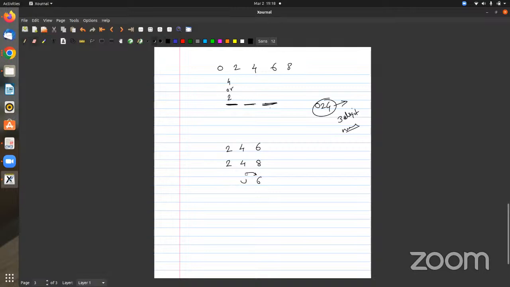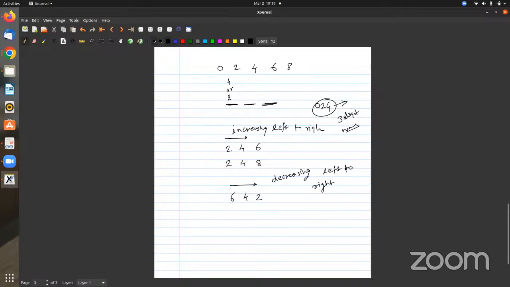That should not be the criteria. The criteria is that the digits should be either increasing from left to right or decreasing from left to right. For example, 6, 4, 2 is fine, because it is decreasing from left to right.